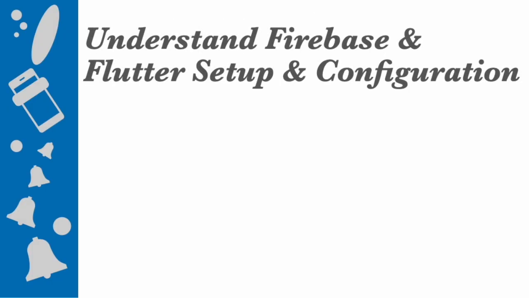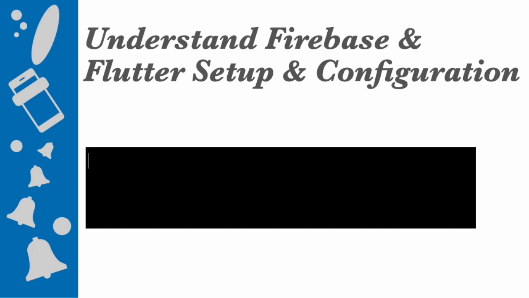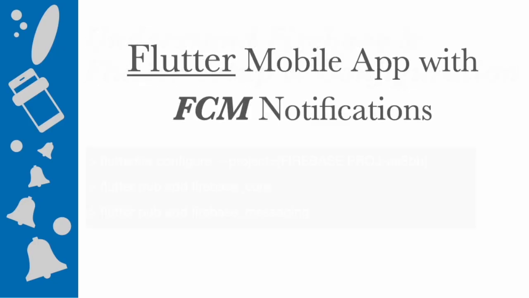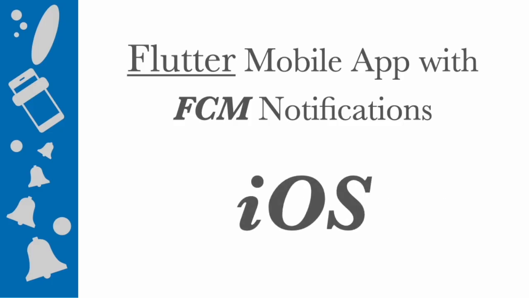Additionally, when we're talking about getting Firebase set up within your Flutter app, make certain that these three commands right here you're very familiar with as well. So once you have all that, let's go ahead and start talking about getting our Firebase Cloud Messaging to actually work with iOS provisioning profiles and keys and everything else that we need for this.